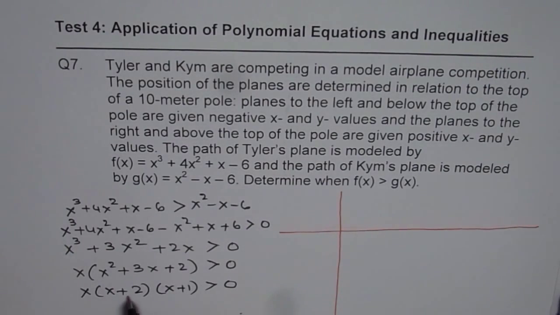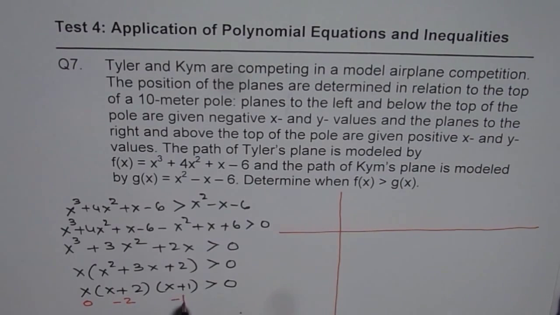So we have 3 zeros. Do you see that? Equating each factor to 0 gives us a zero. So this is 0 at 0, this is 0 at minus 2, this is 0 at minus 1. So these are our 3 zeros. Now what we will do is find the intervals when it is greater than 0.